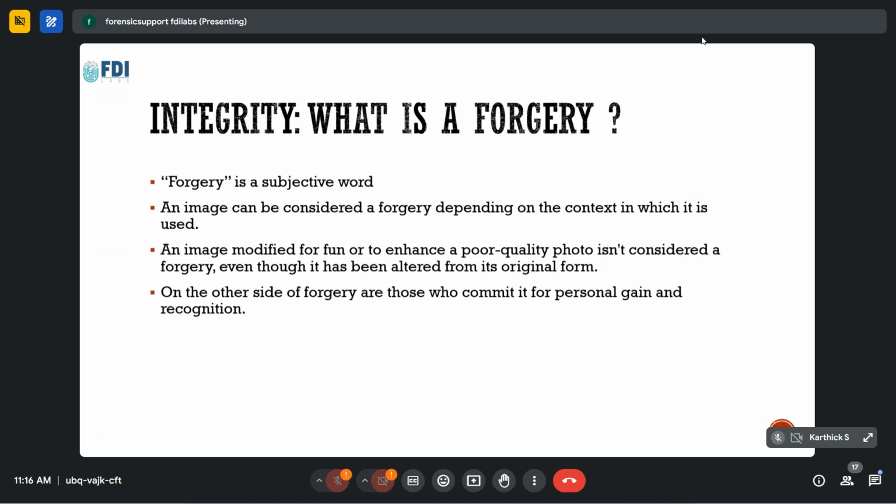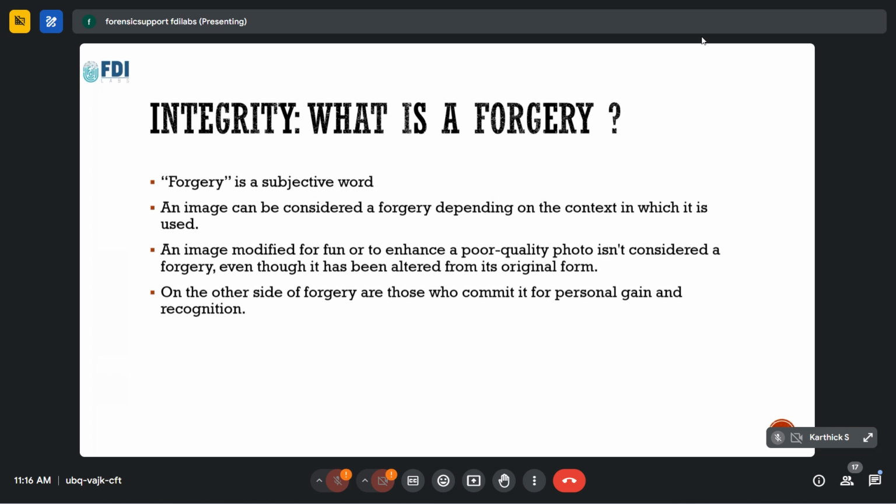Basically, what is forgery, also called manipulation? How does it work in an image, in a picture? How does a forgery take place in an image in our multimedia concept?